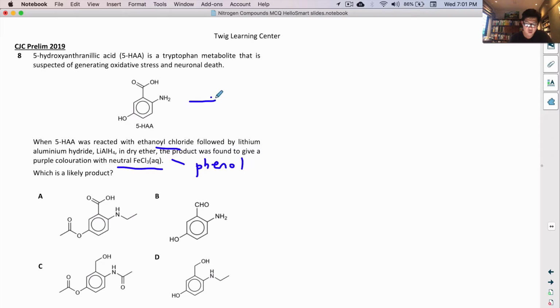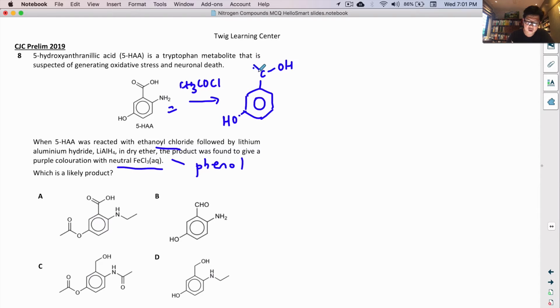So when it reacted with ethanoyl chloride followed by lithium aluminum hydride, ethanoyl chloride will react with the amine and not the phenol. So the first thing you're going to get with ethanoyl chloride, let me just write down, CH3COCl. The phenol you cannot touch, since they tell you at the end you still have phenol. The carboxylic acid will still remain, of course.